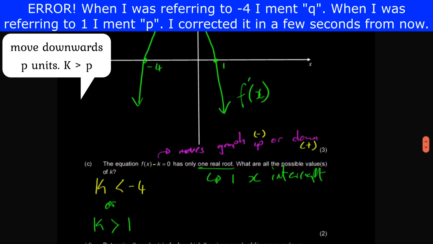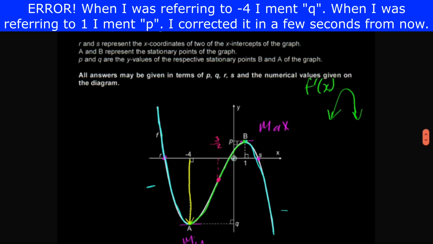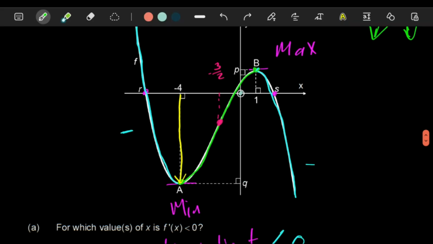Oh yeah, so I clearly made a mistake here because I was looking at the x values and I'm forgetting it's x values, not y values. But the idea is still the same, you see. The distance here is technically going to be q units, and the distance here is technically going to be p units.